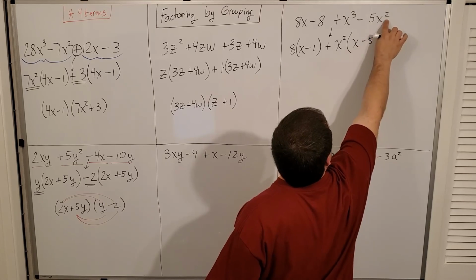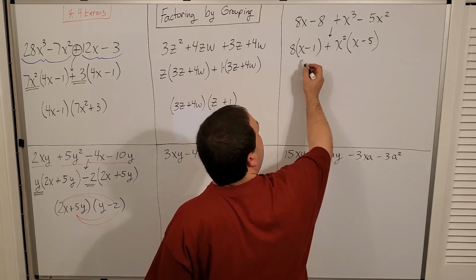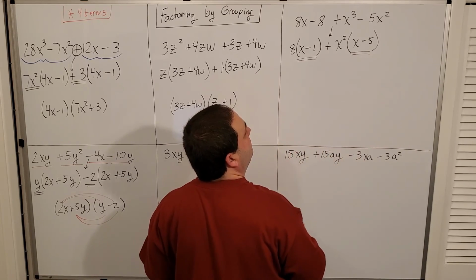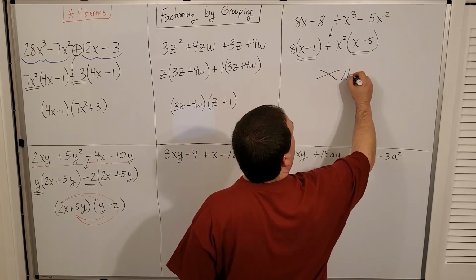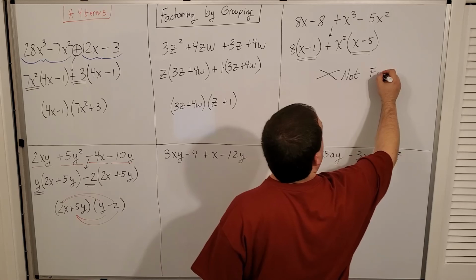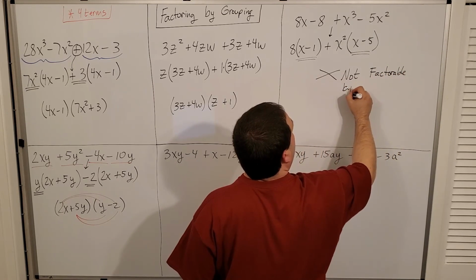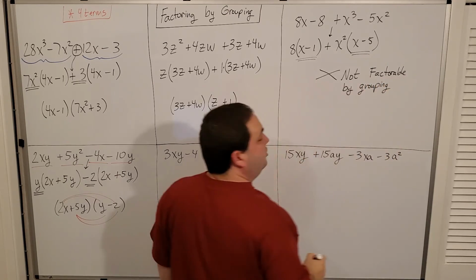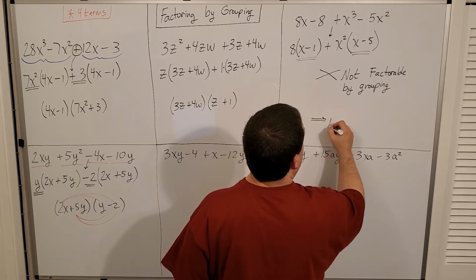Minus 5, 2 minus 2, all the x's are gone in that sense. And I'm noticing now this one has x minus 1 and this one has x minus 5. No good. Okay? Not factorable by grouping. Probably not factorable at all, which, if you're going to say not factorable, the actual word is prime.